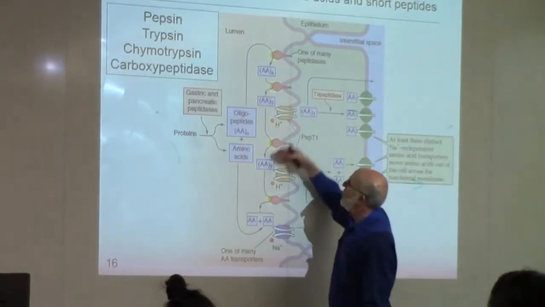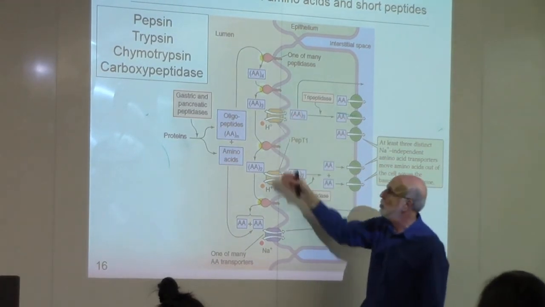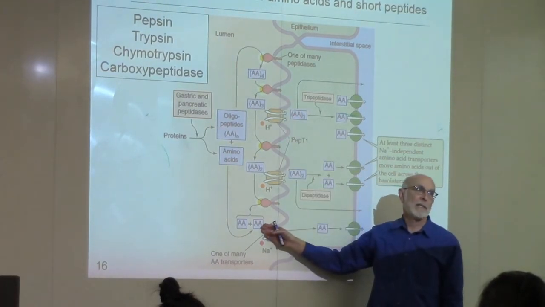Then it becomes some free amino acids, but in the small intestine, trypsin, chymotrypsin, and carboxypeptidase from pancreatic secretions digest the polypeptides even further. So now we have polypeptides that are broken down into amino acids.